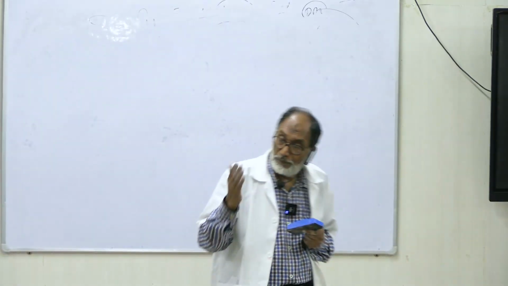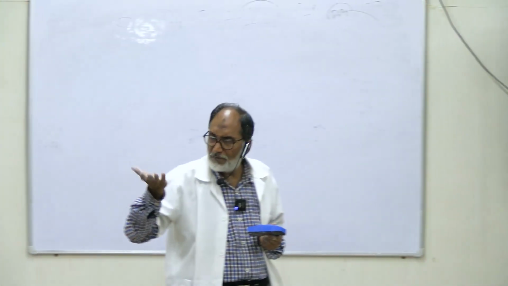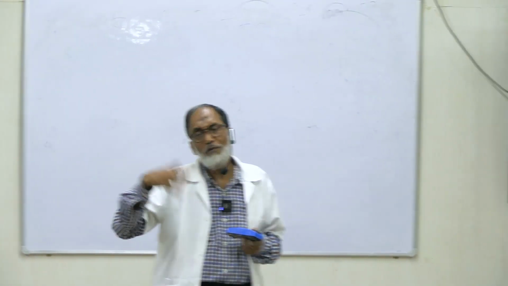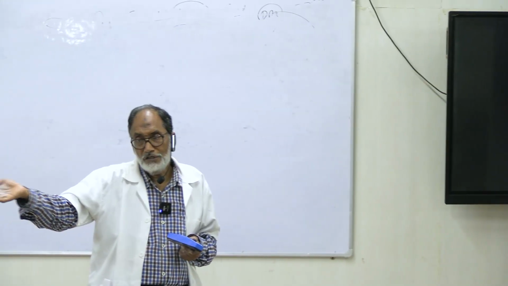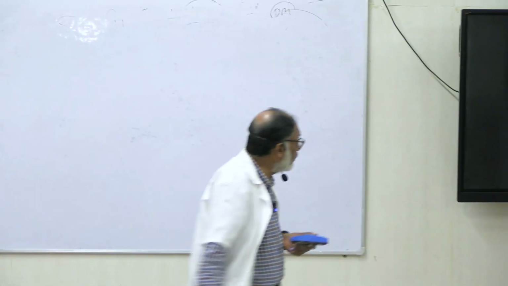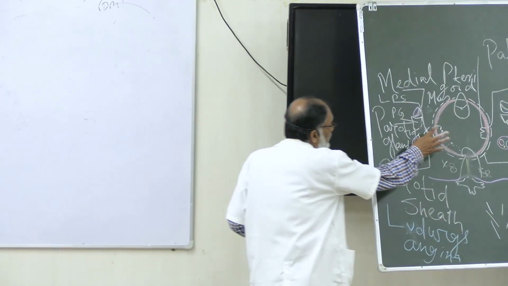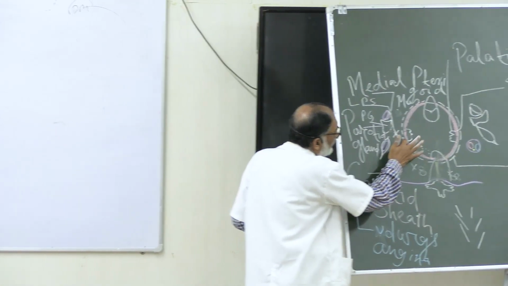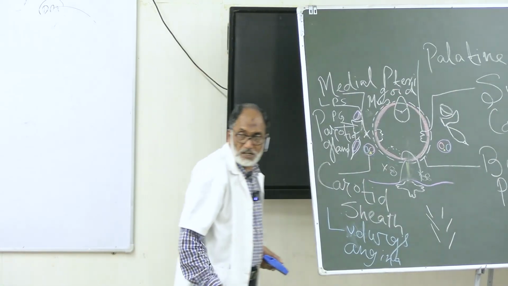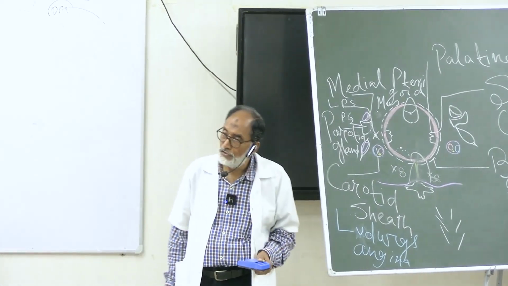Okay, parapharyngeal. Para means by the side of the pharynx. So one of the boundaries will be the pharynx. So the medial wall, this is the medial wall of the pharynx. What is here? Here is the buccopharyngeal fascia covering the constrictor muscles.